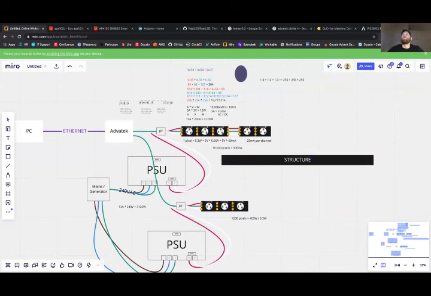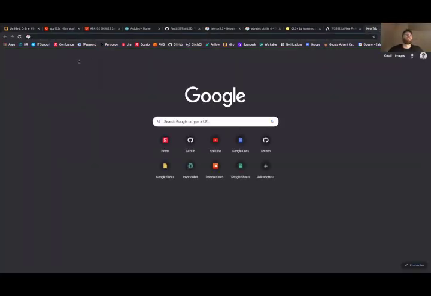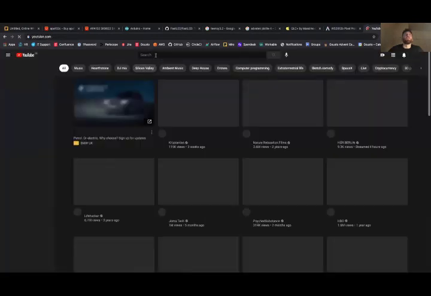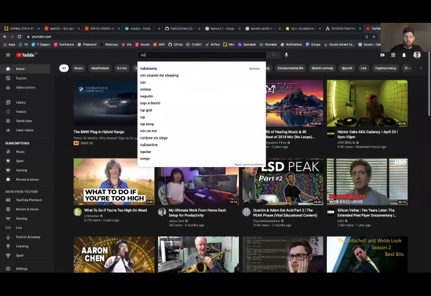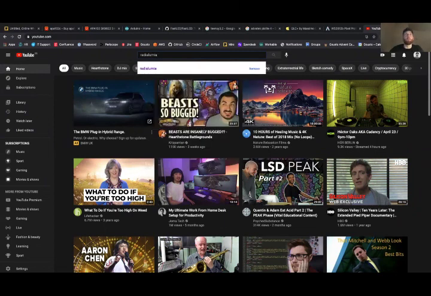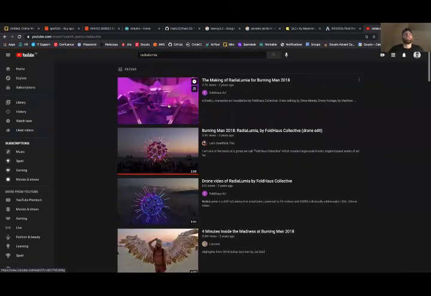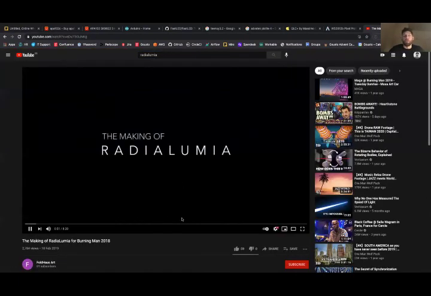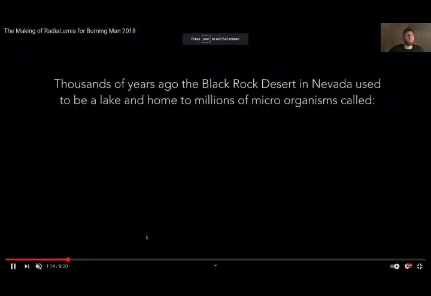Structure. And if we just quickly review our wonderful Radialumia by Foldhouse, you can see that what draws your attention is, of course, the wonderful LED lights.